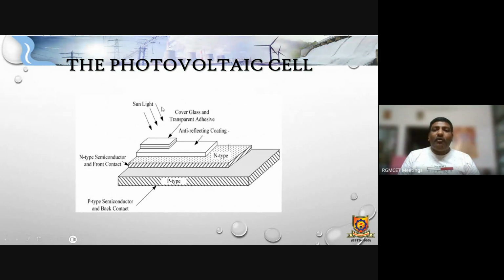Whenever the light falls on the photovoltaic panel, there is a glass cover, a transparent adhesive, nothing but a gum type of material, and an anti-reflecting coating.